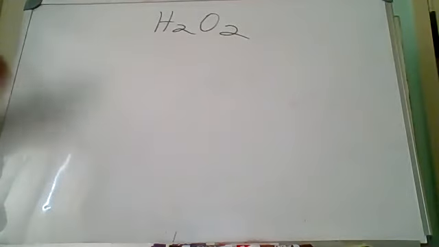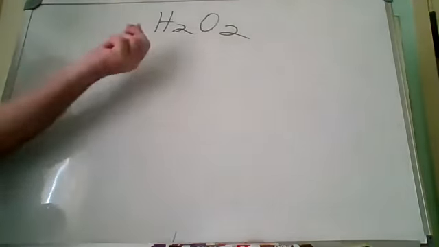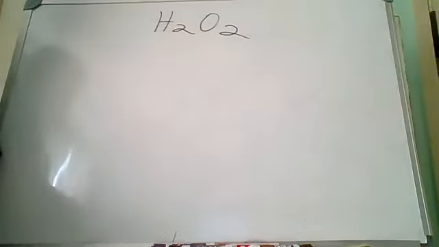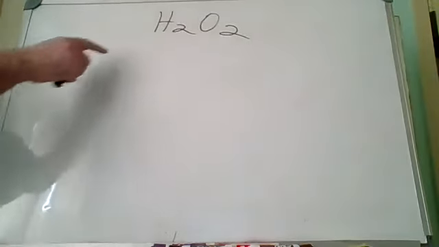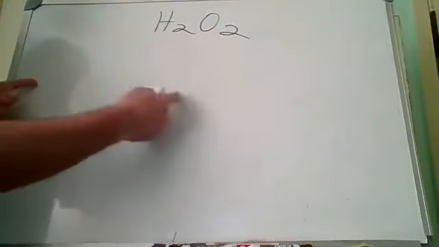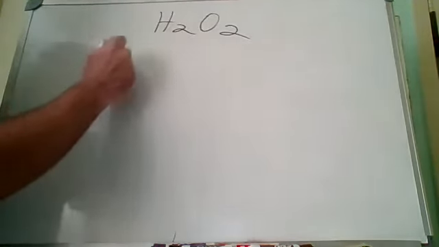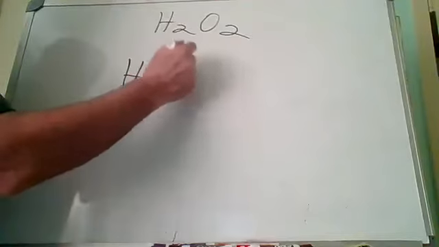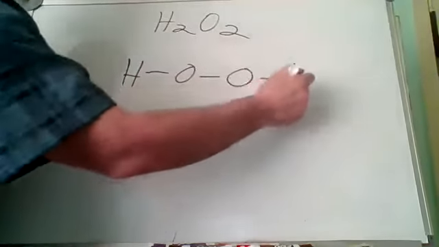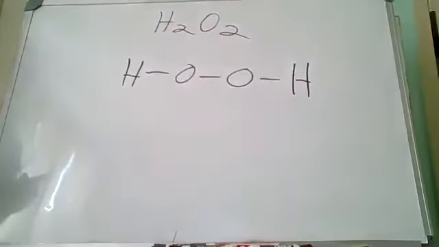A big part of this in these very small ones is figuring out how the atoms are connected together. Hydrogen can only make 1 bond, so the hydrogens are going to have to be on the ends of the molecule. Oxygen can make 2 bonds. So we're going to go H, O, O, H.